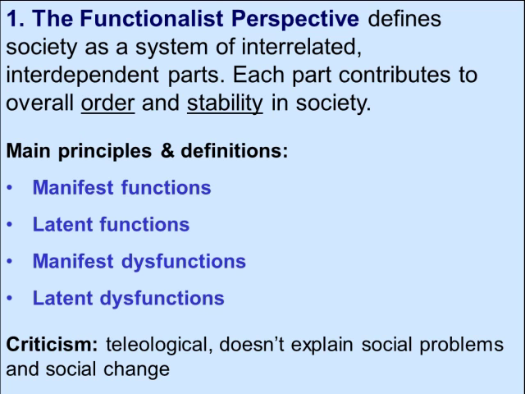So the government would be the brain or the central nervous system. The military would be the immune system. Highways, railroads, and other forms of transportation and communication would be the circulatory system. The industry would be the skeletal-muscular system, and so forth.